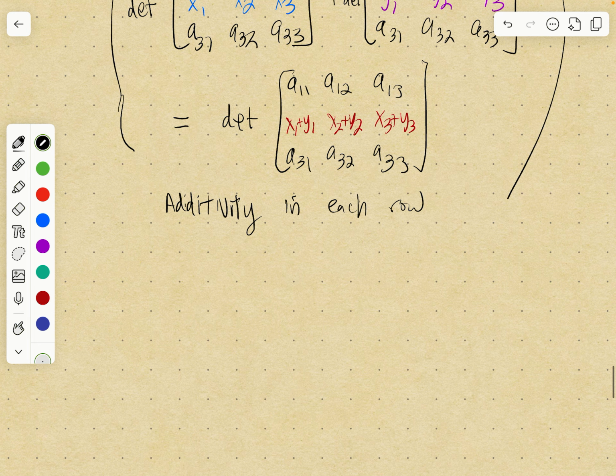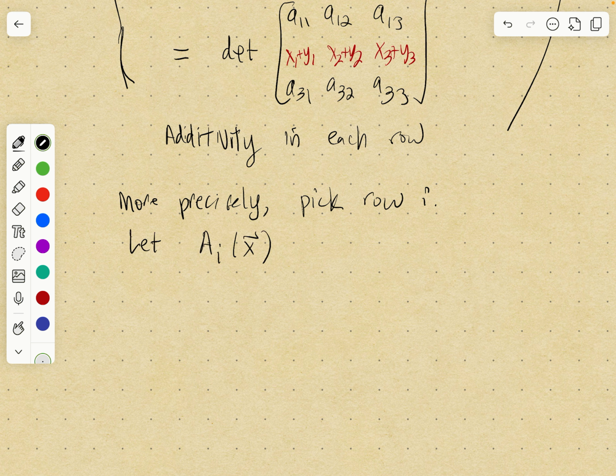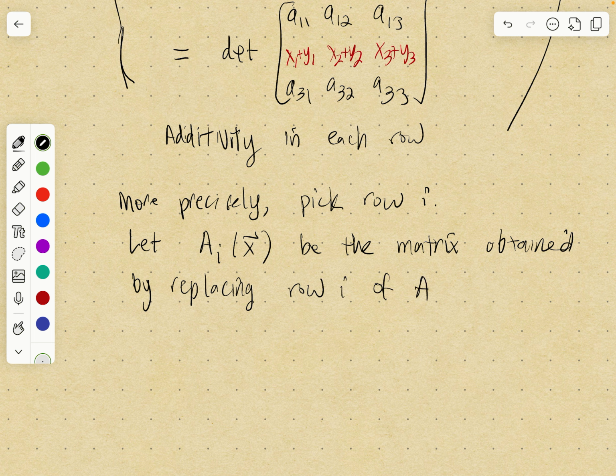I mean, the way to put this all together is that if you have a matrix A and then you pick a row, so more precisely, if you pick a row i, let A sub i x be the matrix obtained by replacing row i of A by x.